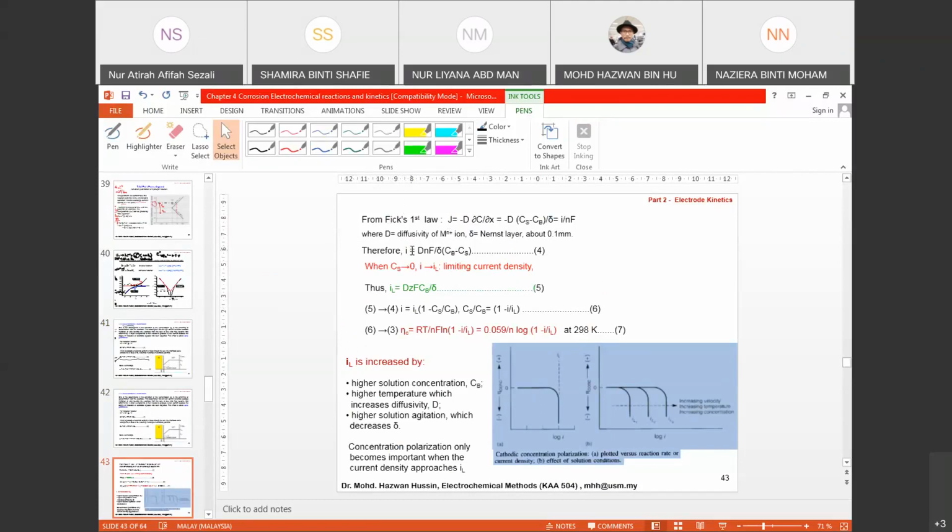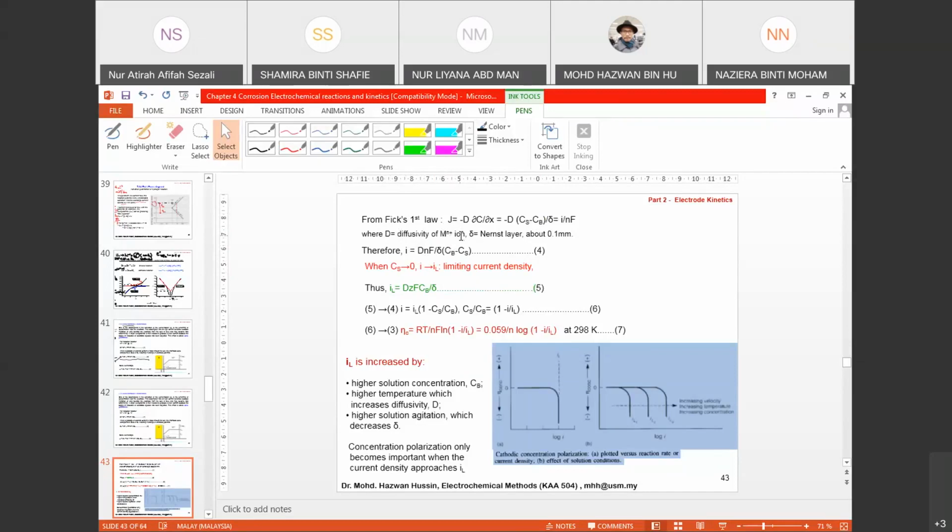Okay. So you can see that over here, from Fick's first law, this is the diffusion law proposed by Fick, you have J, which is basically the current density.